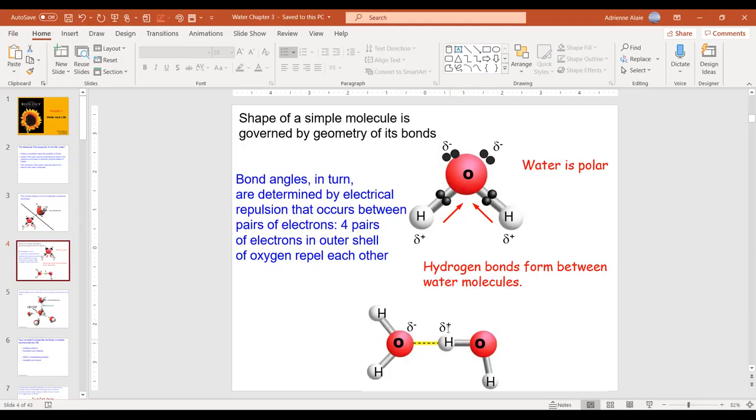But the hydrogen atom of one water molecule can interact with the oxygen atom of another water molecule by this hydrogen bond, right, which is based on opposite charges attracting each other. Not full charges, these are partial charges. So this hydrogen is partially positive, this oxygen has partially negative regions, right?